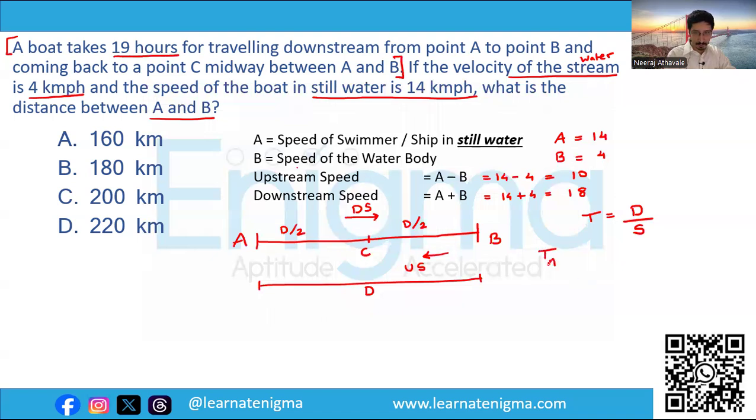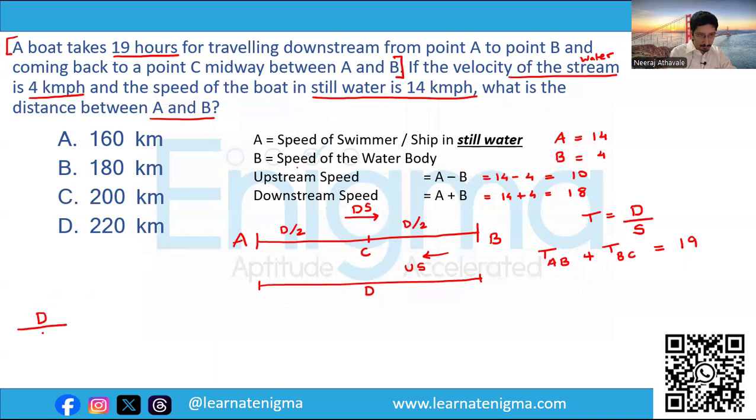It is first traveling from A to B. So time of AB plus time of coming from B to C. This is in total 19 hours. Now AB is downstream. We have assumed AB as distance D. So therefore, let's have the equation here.